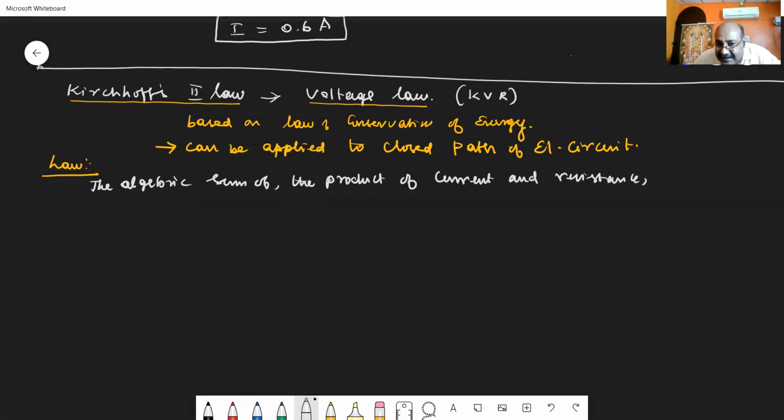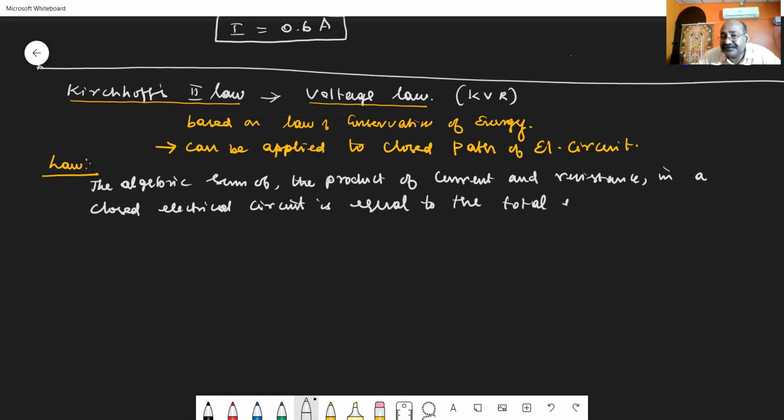So the algebraic sum of the product of current and resistance in a closed electrical circuit is equal to the sum of the total EMF in that circuit.